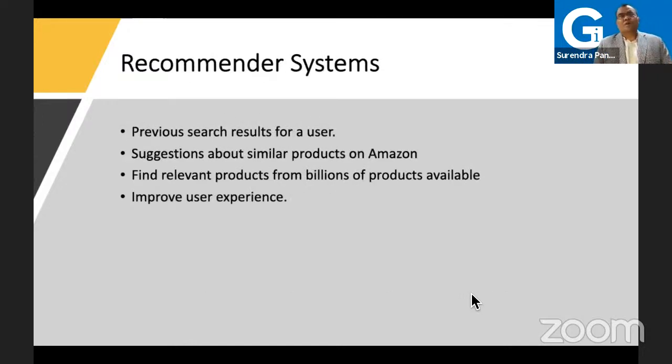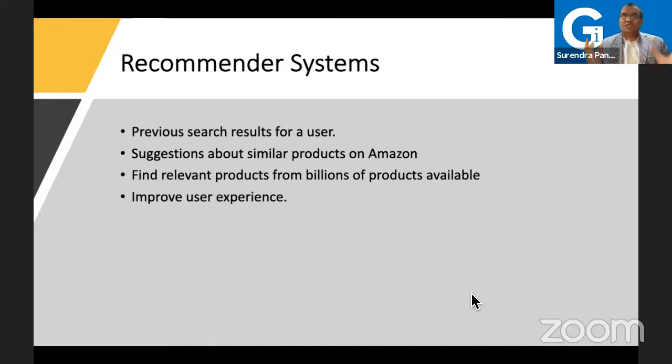Another field which is very popular in data science is the recommendation system. Amazon is already using this recommendation system for selling its products. Whenever you're buying something on Amazon, you must have seen Amazon recommending some other related product. Let's say you are buying a laptop, maybe an IBM Lenovo laptop.